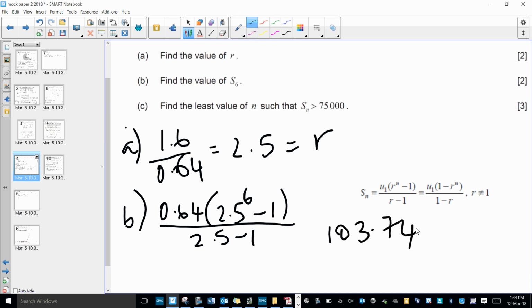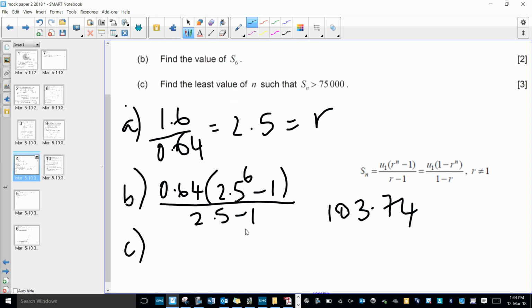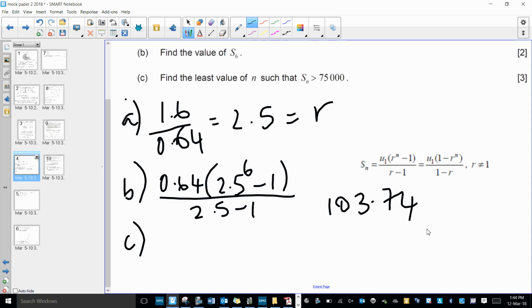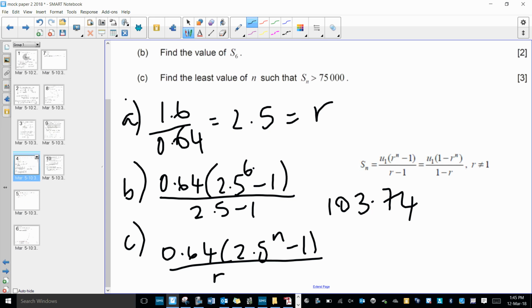Okay, C, find the least value of n such that the sum is greater than 75,000. So this time we don't know the value of n here, so we're going to have 0.64 bracket 2.5 to the n minus 1 over 2.5 take away 1, so over 1.5.